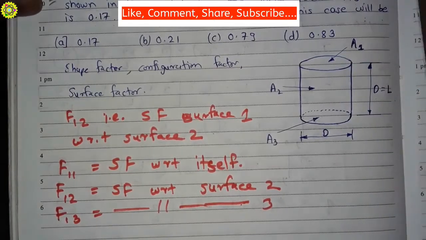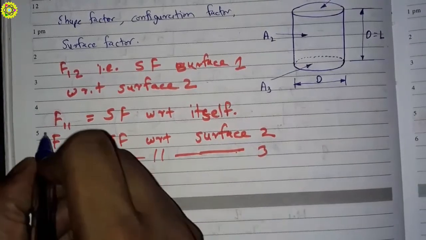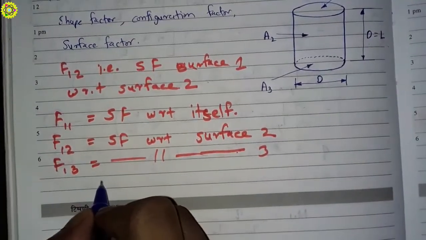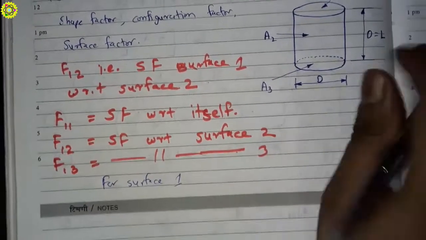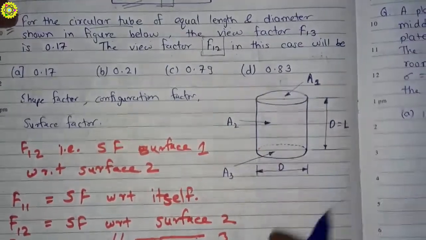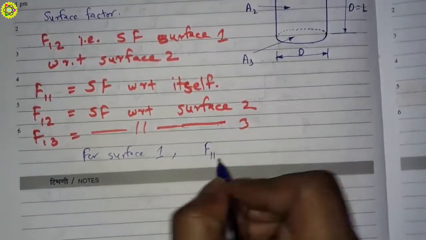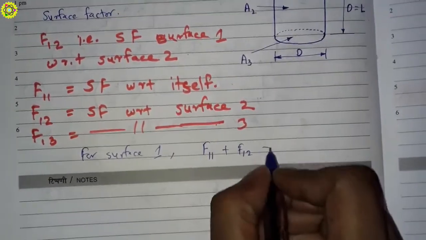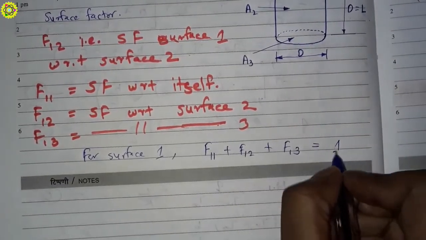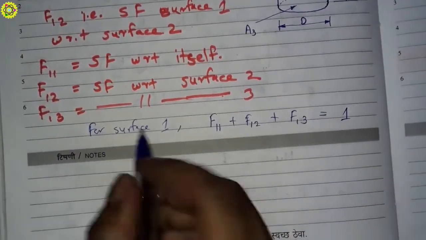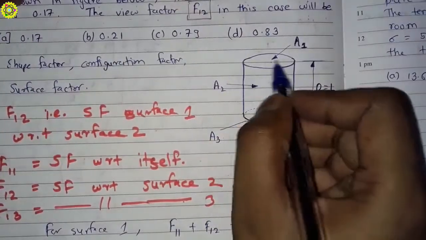So for surface 1, F11 plus F12 plus F13 is equal to 1.